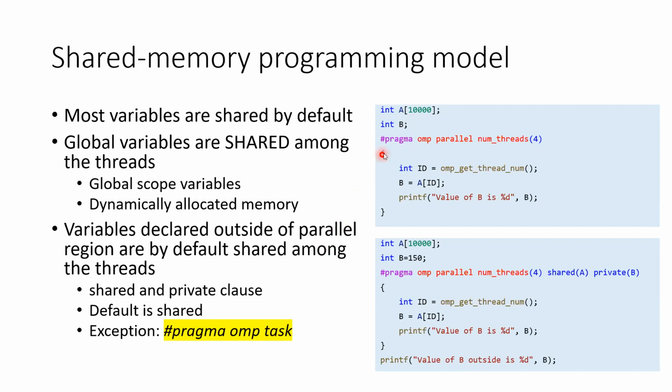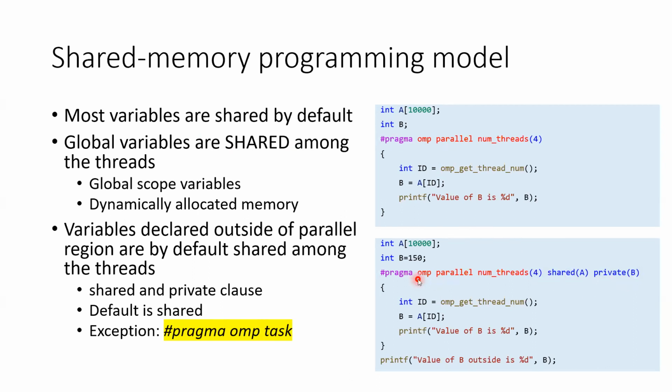And there is an exception to it. There is another clause in OpenMP, OMP task, which we will visit at some later point of time. In only this one, the data declared before this parallel clause is treated as private. Otherwise, all other clauses treat this data as shared data. Also, if some variable is declared in the master thread scope, we can force it to be treated as private data by using these clauses.